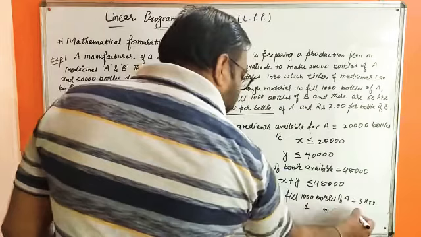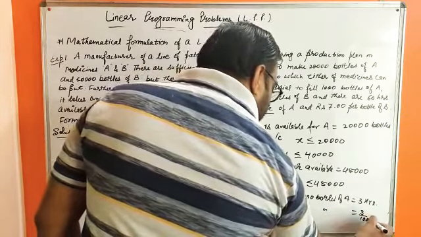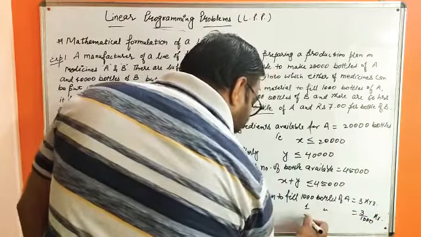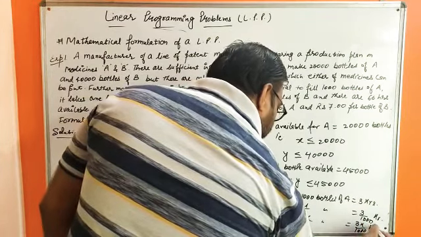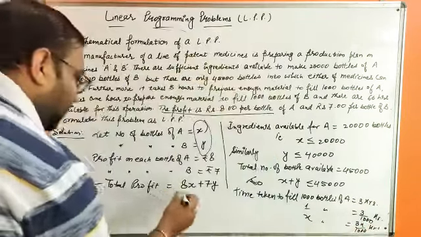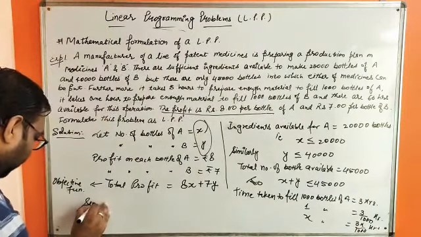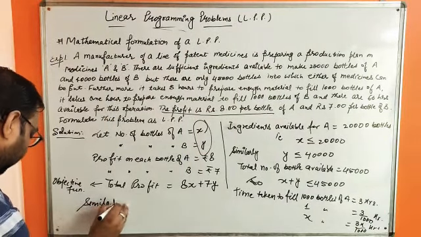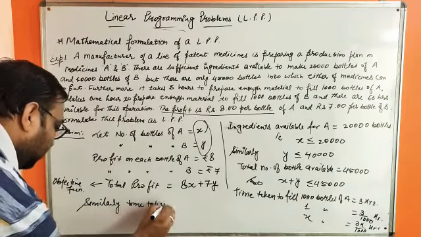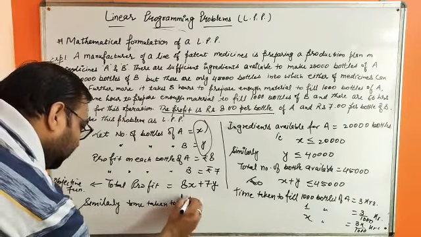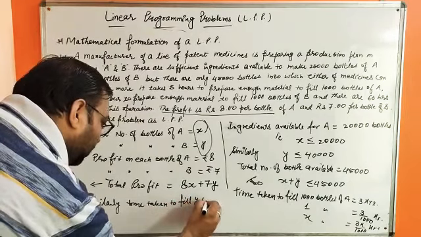So for one bottle it is 3 by 1000 hours, and for X bottles it is 3x by 1000 hours. Similarly, the time taken to fill Y bottles.